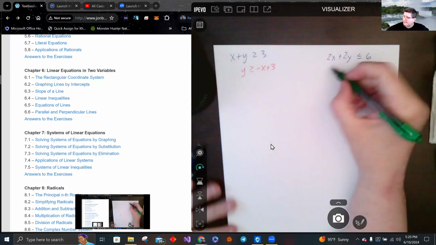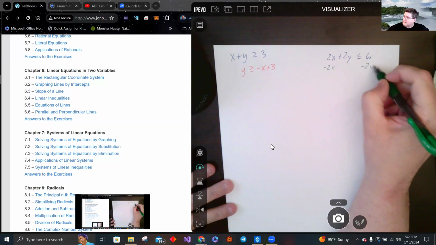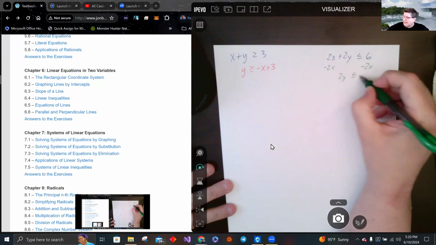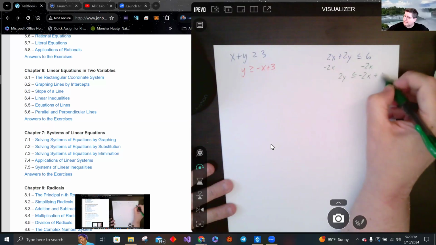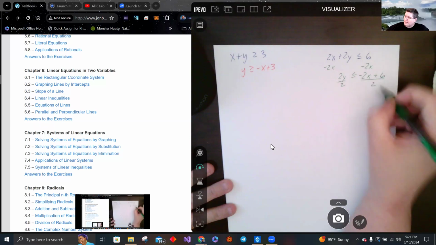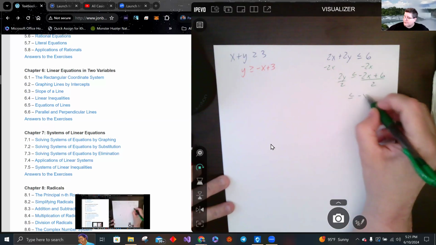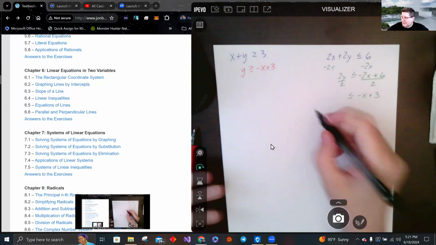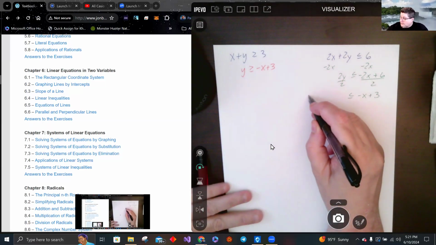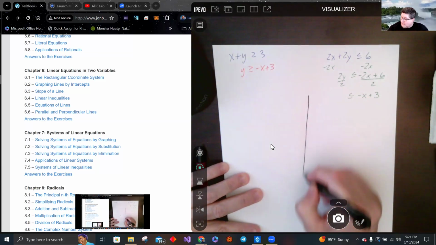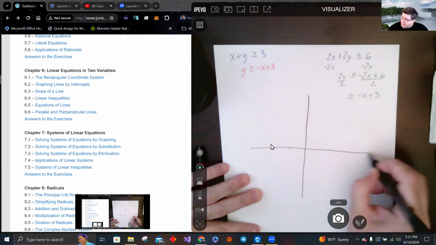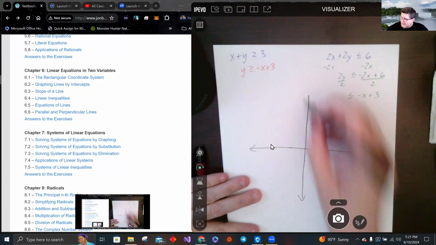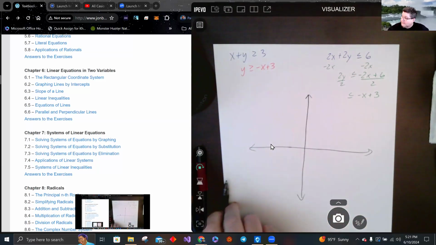I do that over here. 2y is less than or equal to negative 2x plus 6. Divide by 2, and I get y is less than or equal to negative x plus 3. So it looks like we have the same line, folks, which makes this easy. I only need to find the intercept once.